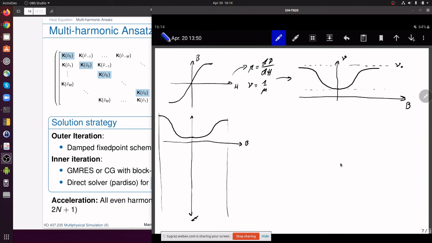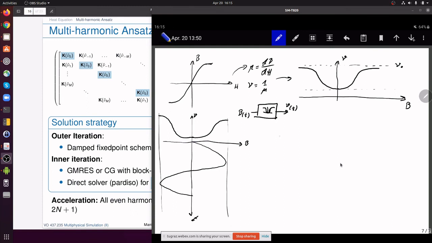We excite this nu of B function with a sinusoidal B. So that's our input signal, the B of t, and we use this nu of B as kind of a black box material. So the B of t is our input, then we have the material, and the output is the nu of t.